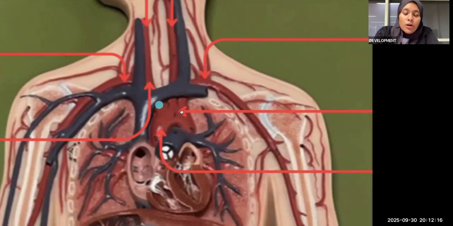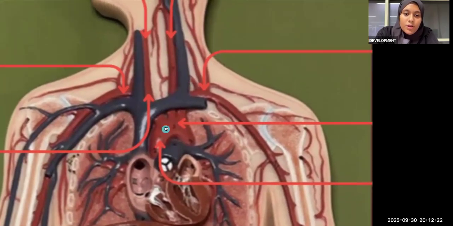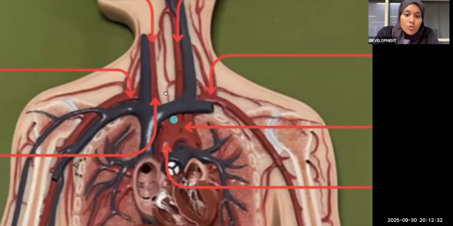Your arch of aorta branches out into three arteries: your brachiocephalic trunk, your left common carotid, and your left subclavian. Your brachiocephalic trunk will branch into the right common carotid and the right subclavian.